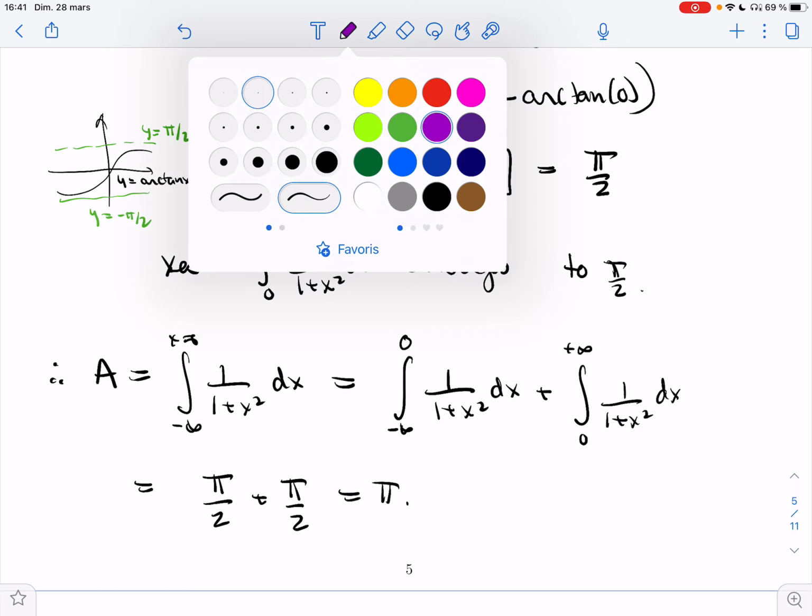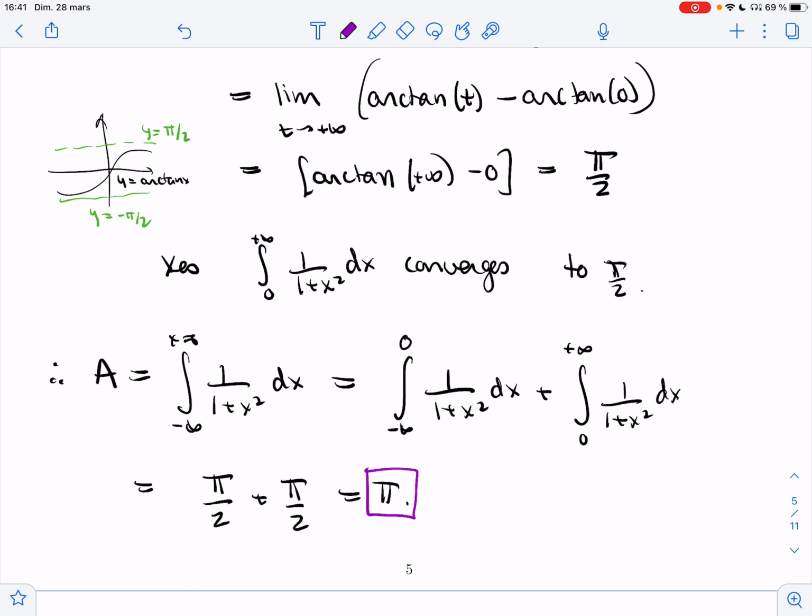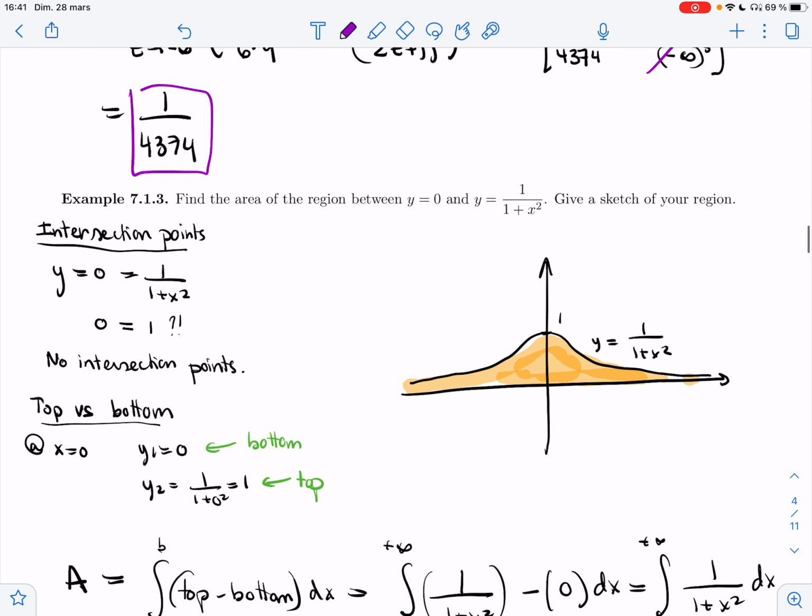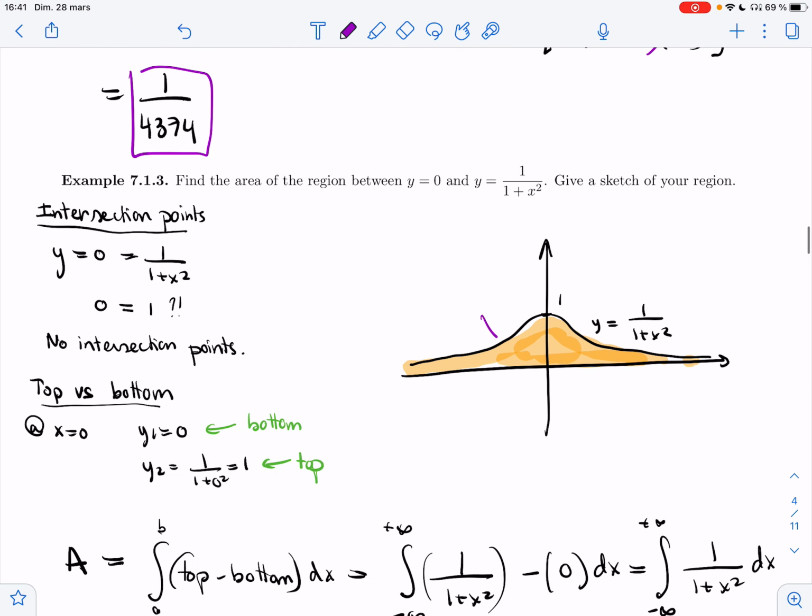And we get pi. All right, so this area here is pi. Right, so it goes off to infinity, but the height is so tiny that even if you add up all of these little pieces, you still get something finite.